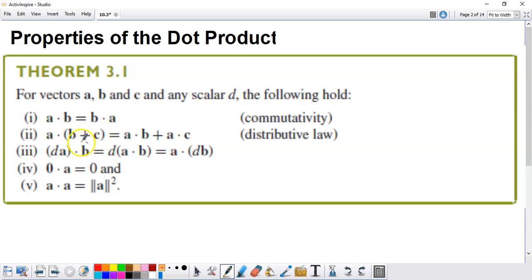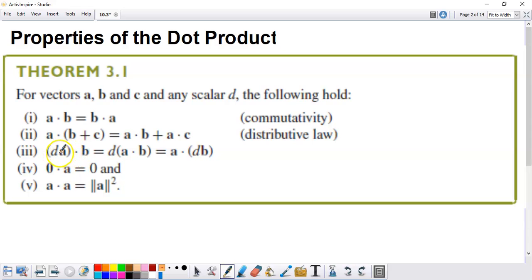So if I have two vectors added together, and I'm taking the sum of these two vectors, and I'm doing a dot product between that sum and another vector, what I can do is actually distribute the vector A into both of the vectors B and C with addition as the operation between. You can factor constants out in front.